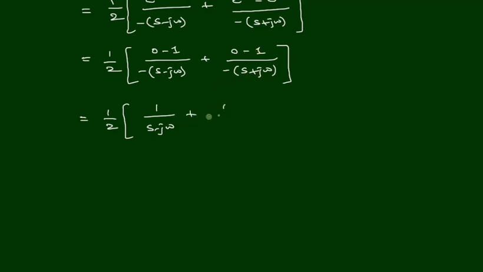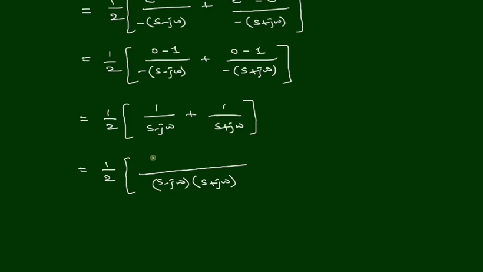So we will get 1/(s plus jω)]. That equals 1/2 times: the denominator is (s minus jω) into (s plus jω). The numerator becomes (s plus jω) plus (s minus jω). So in the numerator the plus jω and minus jω get cancelled.